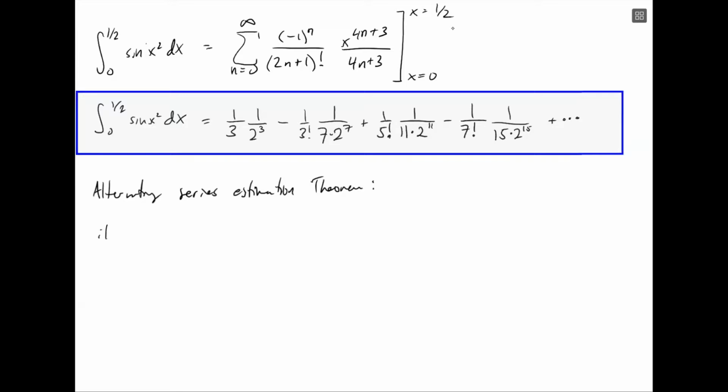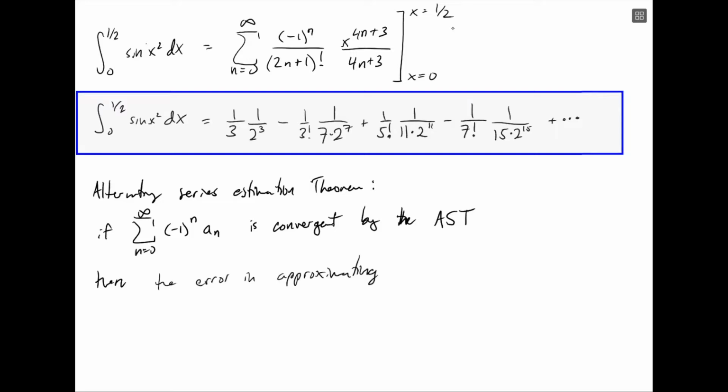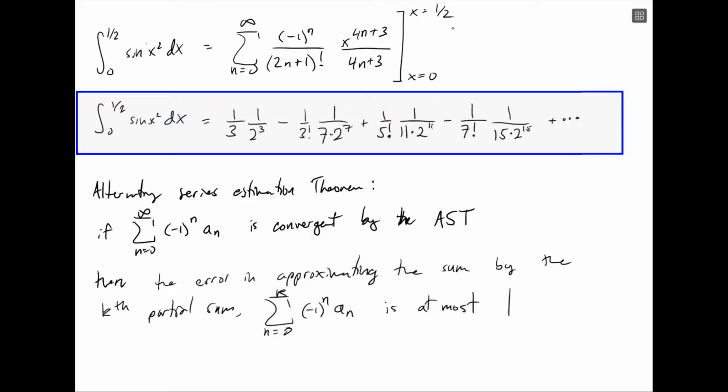It states that if we have an alternating series that is convergent by the alternating series test, then the error in approximating the full sum by the kth partial sum is at most the absolute value of the next term, or in other words, just a sub k plus 1.